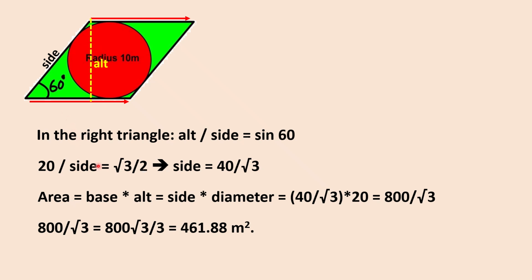So we write 20, the altitude, by side equal to sine 60, which is root 3 by 2. The side is the hypotenuse. That gives you side equal to 40 by root 3.